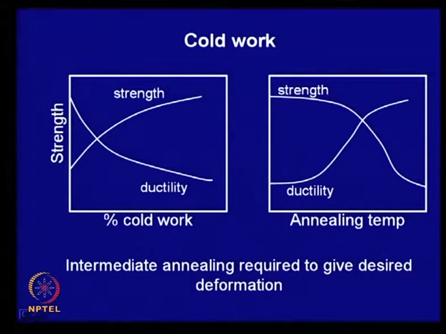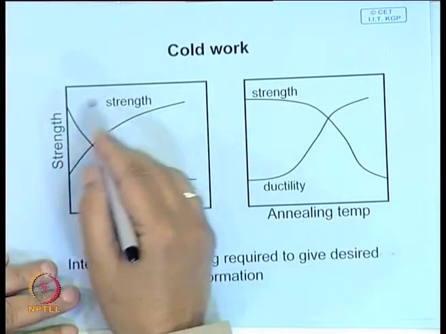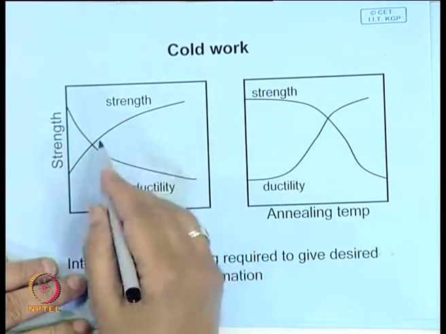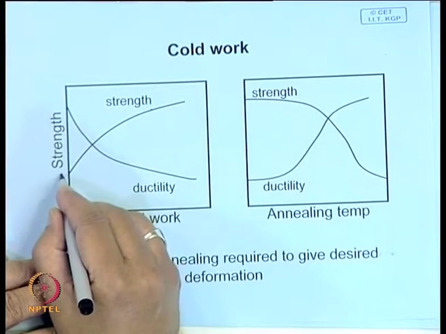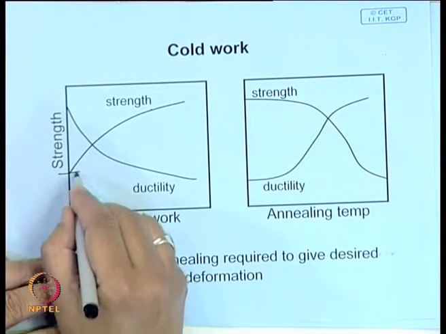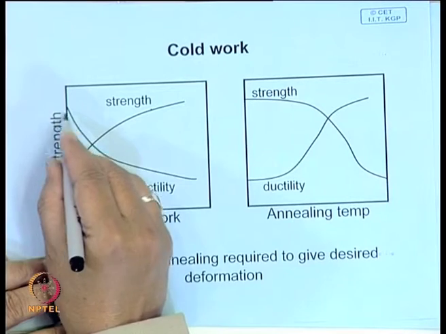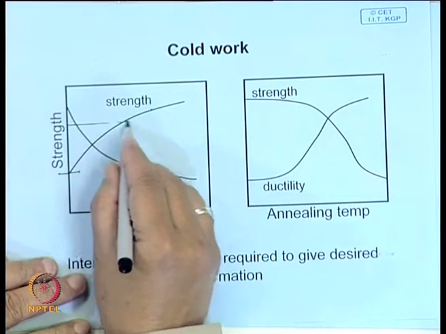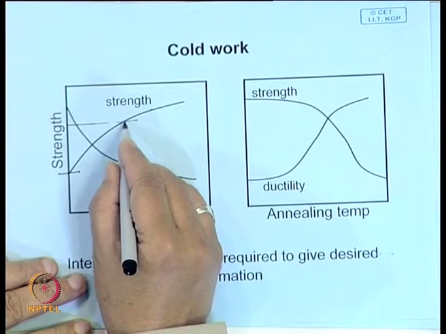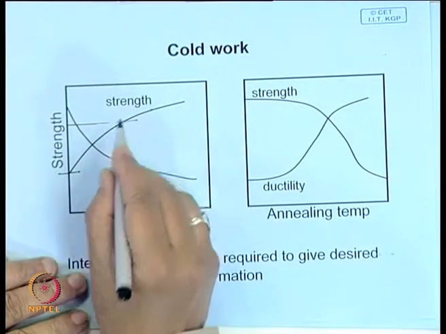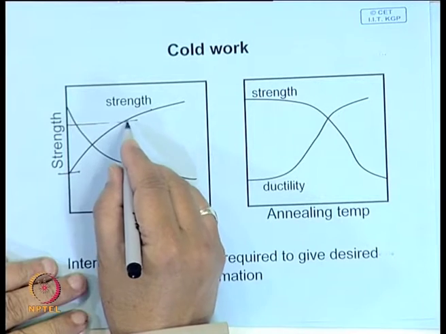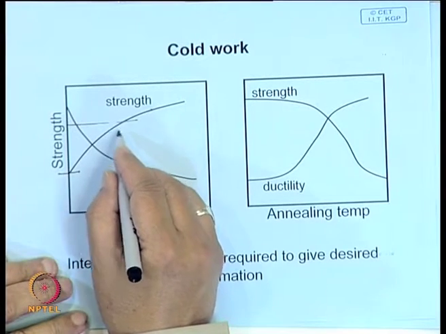So, after a certain amount of cold work, imagine initially your stress required was here, and here maybe it has become double. You may think that my press is not large enough to give this much load, so we must somehow bring down the strength.